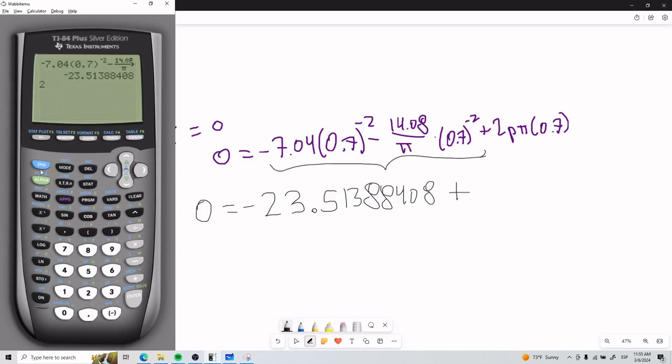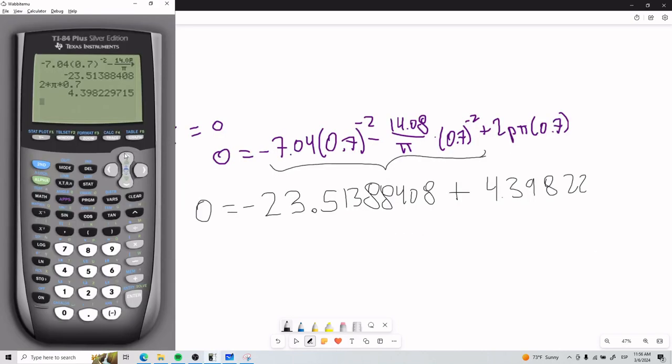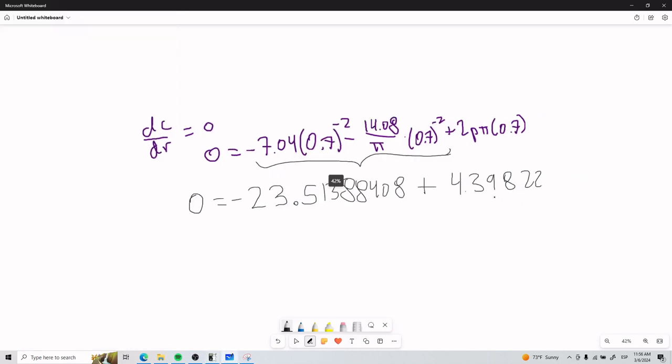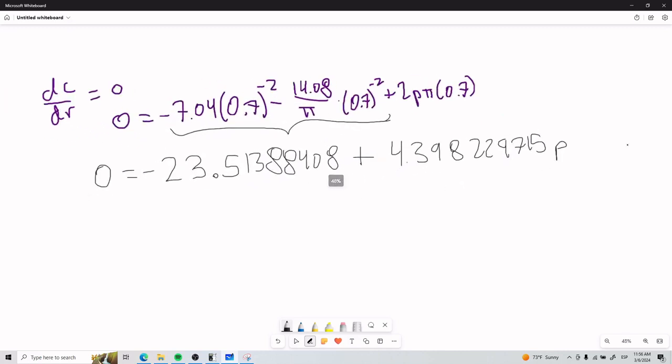So I'm going to do exactly that. 2 times pi times 0.7. So I have 4.398229715 p. So you want to get p alone, right? Well, p is being affected by a multiplication and also something being added or subtracted.